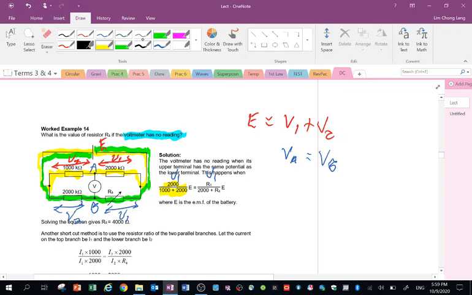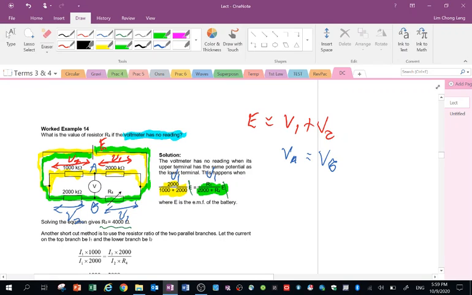If you look very carefully, you should be able to calculate R4 because you can cancel away E. So that will help you calculate R4.